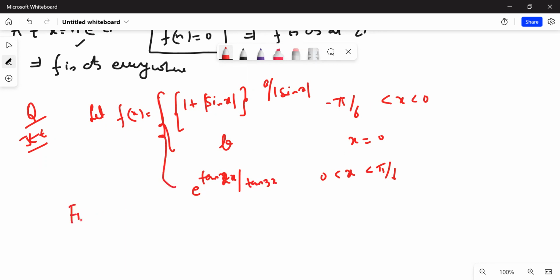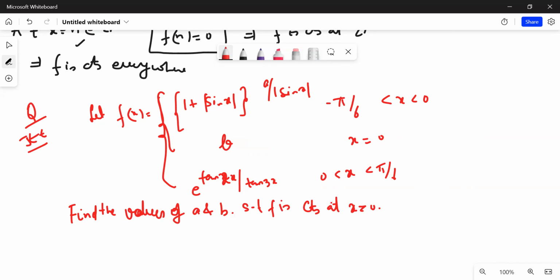Find the values of a and b such that f is continuous at x equal to 0. Find the value of a and b such that f is continuous at 0. You have to find this.